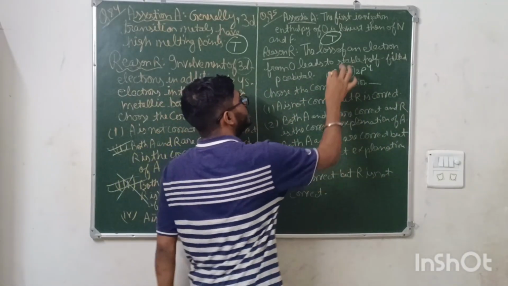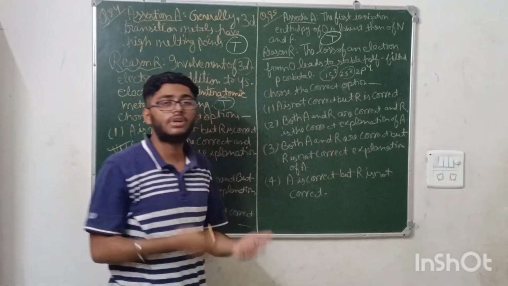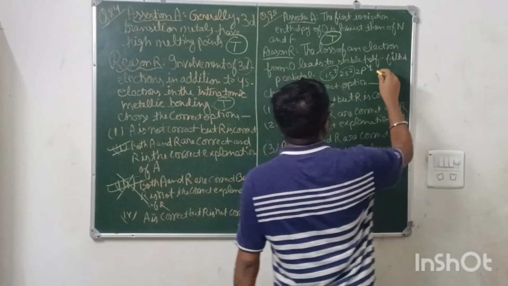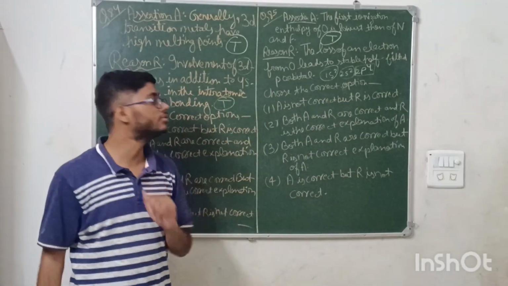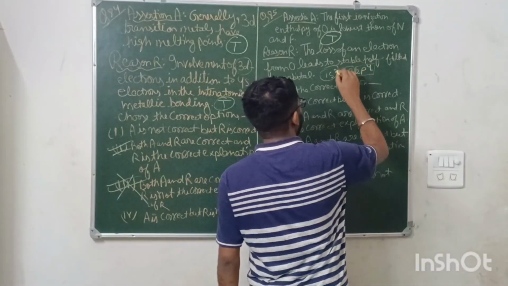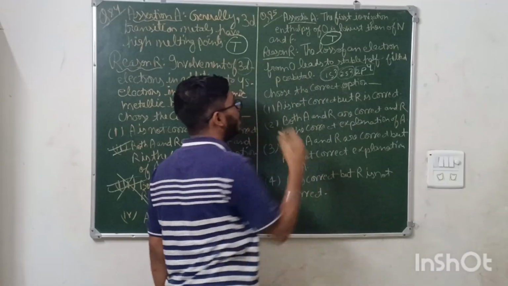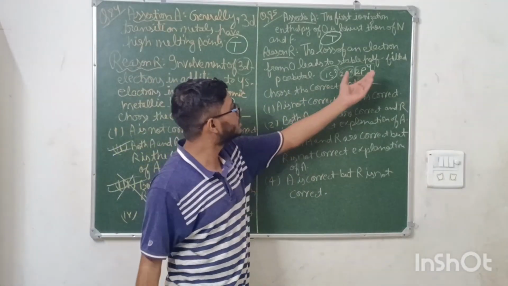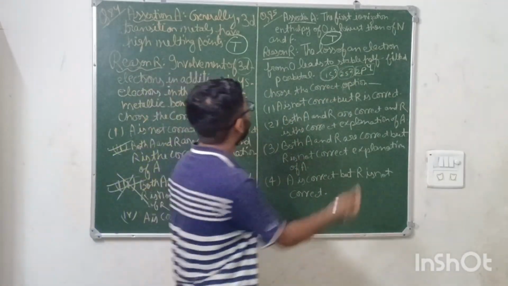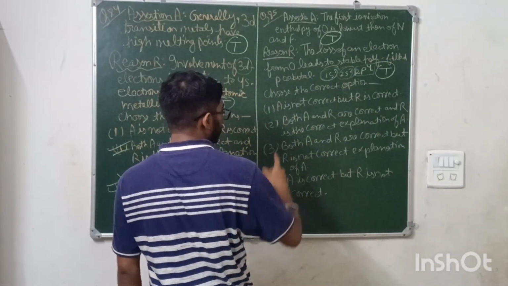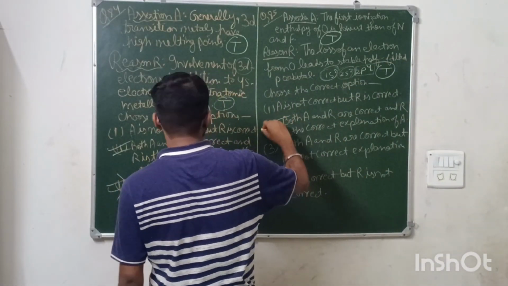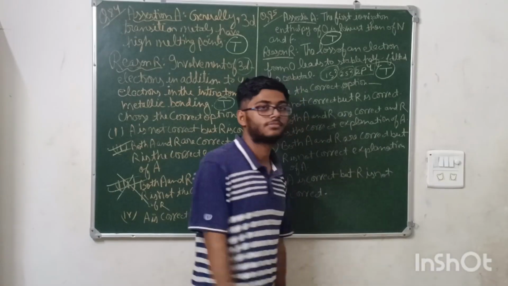In the p orbital, 4 electrons are there, and if one is lost, it will automatically result in the stability of the half-filled p orbital. So this statement is also true. Both A and R are true, and R is the correct explanation of A, option number second, the answer for this question as well.